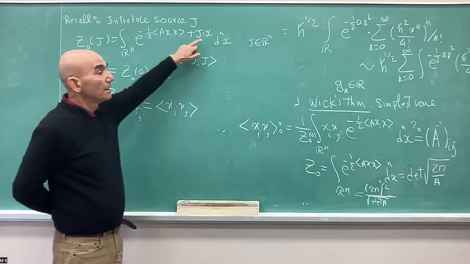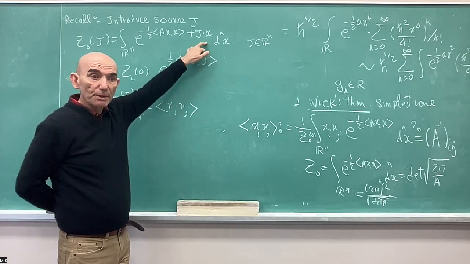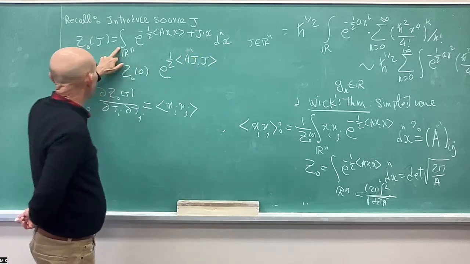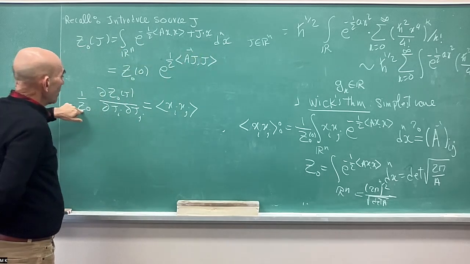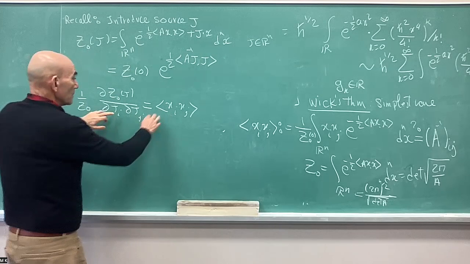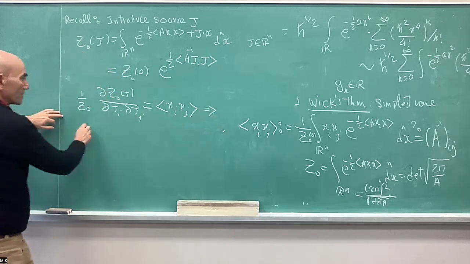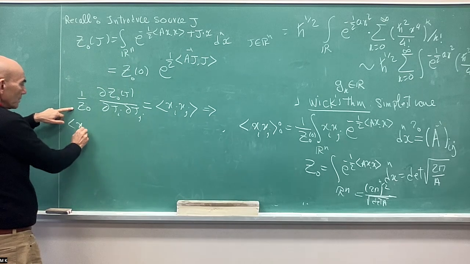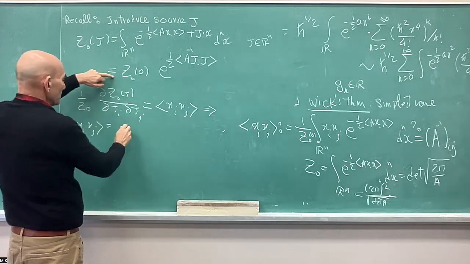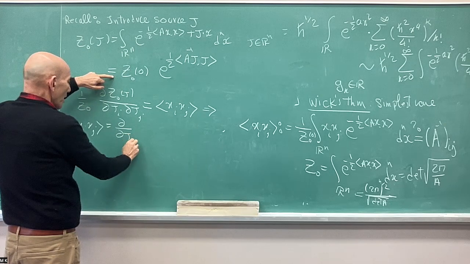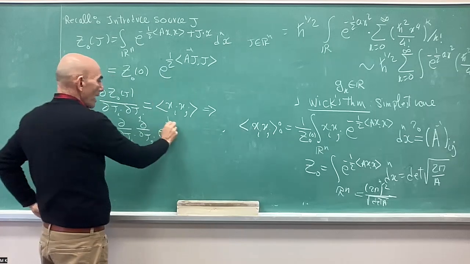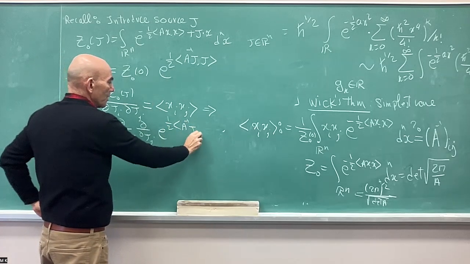If you look at this, when you take the partial derivative with respect to J_i and J_j, you pick up coefficients x_i x_j in front. And then if you divide by this, you get exactly this term. So this implies that our x_i x_j on the left-hand side is really d/dJ_i d/dJ_j of this term, exponential of 1/2 A inverse J.